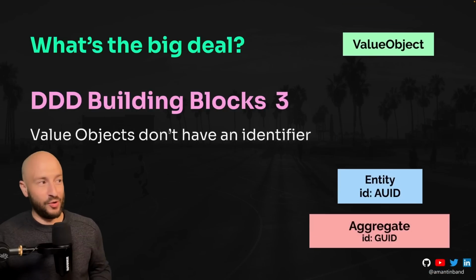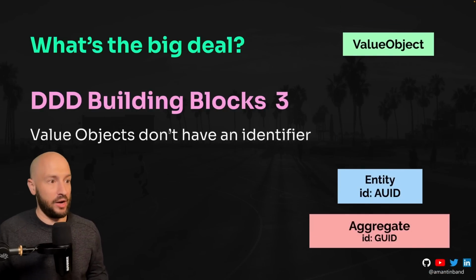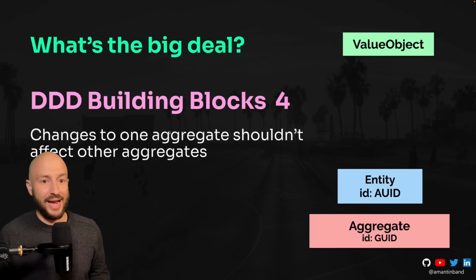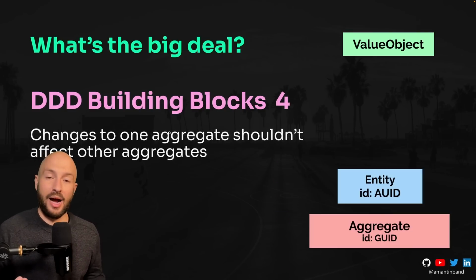And moving on to the third one, value objects don't have an identifier. If we put everything together, we don't want changes to one aggregate to affect other aggregates.